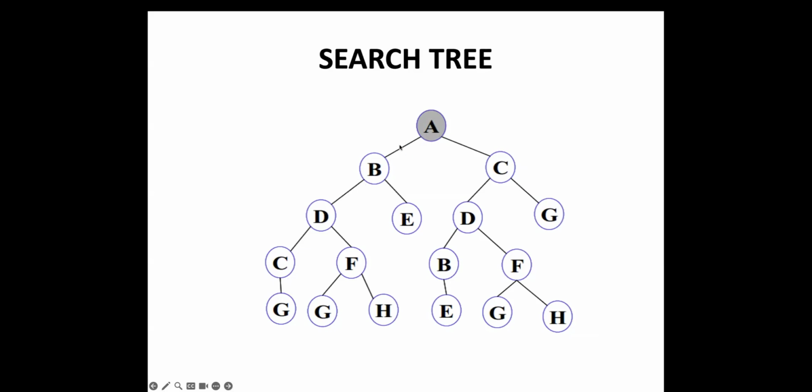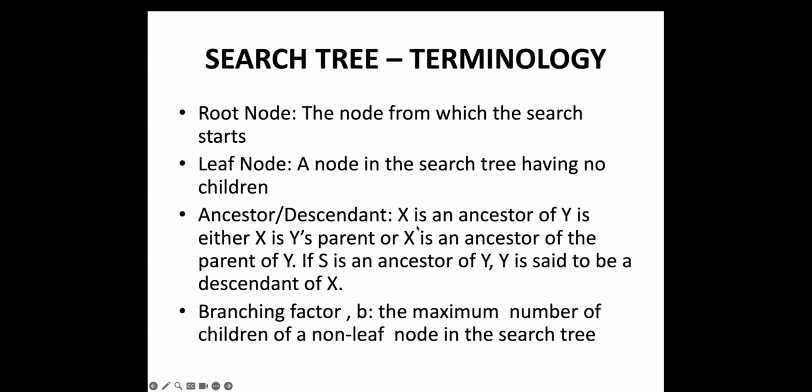Because as we move along from the parent or from the great parent, that's where we get to G. When we say X is an ancestor of Y, that means X is either Y's parent or X is an ancestor of the parent of Y. So that concept of grandparent, great grandparent, that's what we're trying to say.